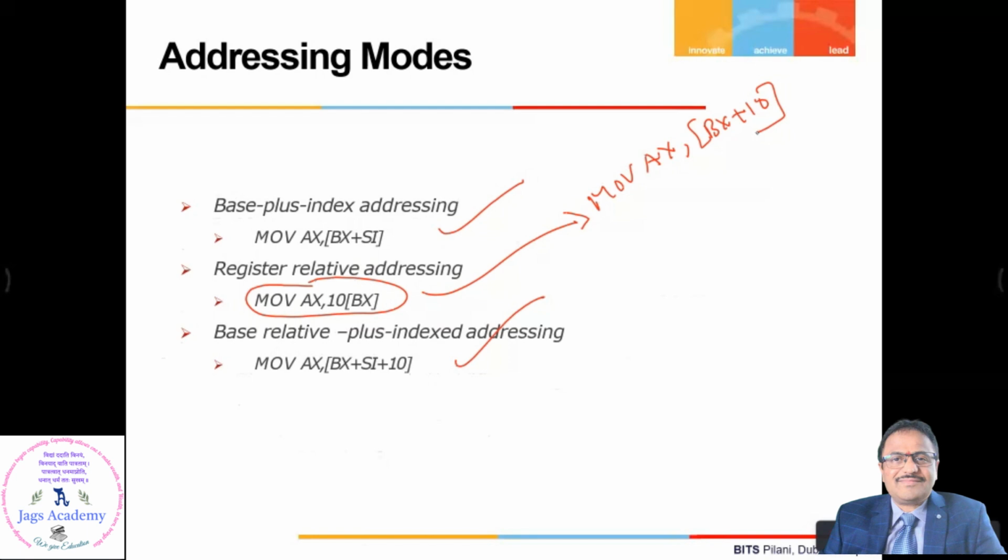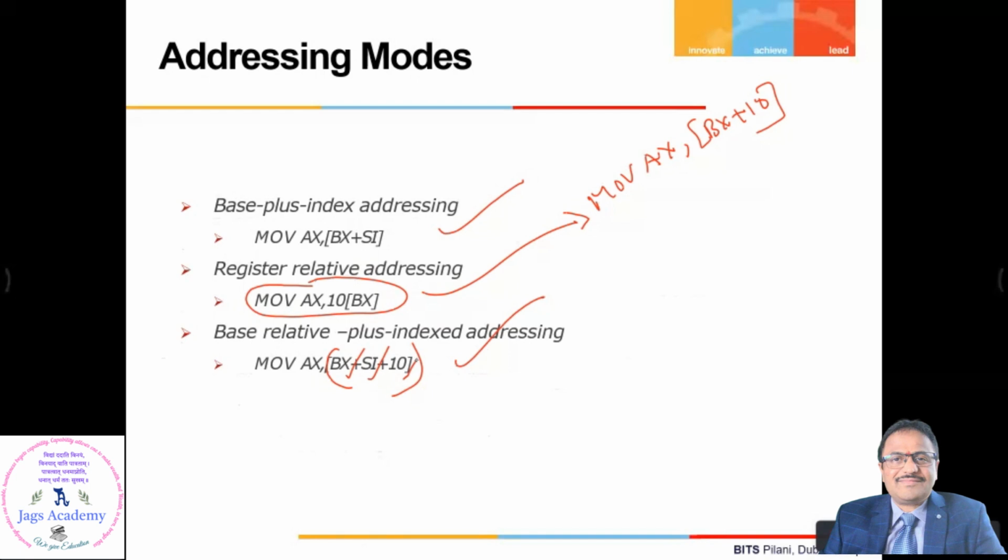Now see, base relative plus index. Can you see what is done here? Your data is coming from the memory whose address is bx plus si plus 10. The total address is generated from the content of the bx register, the content of the si register, plus the value 10.